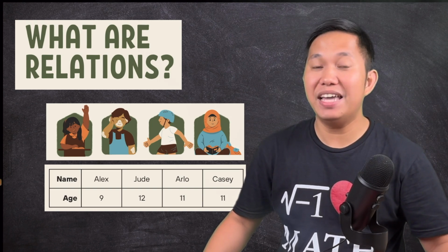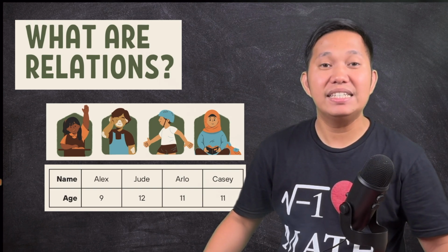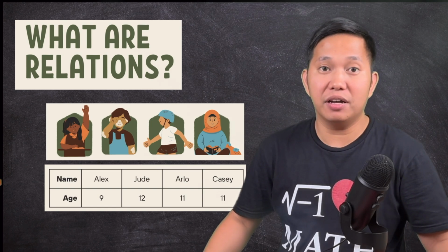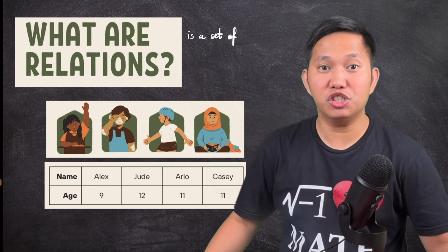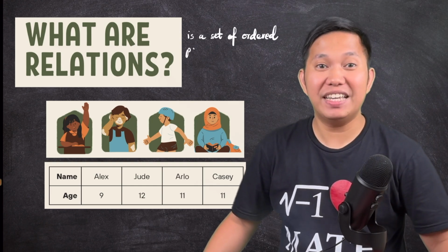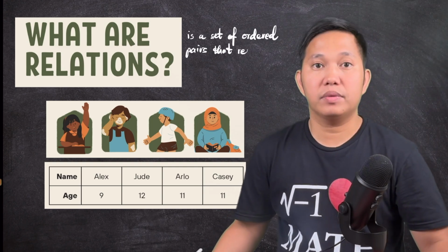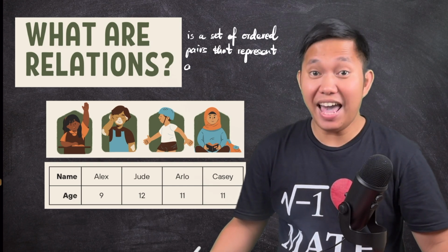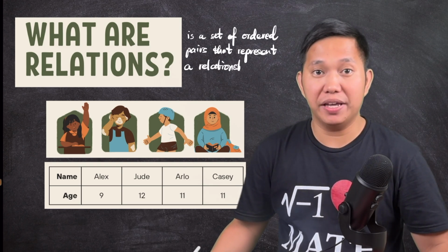These objects can be any kind of mathematical entities: numbers, symbols, geometrical shapes, variables, etc. And from the name itself, a relation describes the relationship between the elements of these sets, usually represented as an ordered pair, input, output. The first element is the input, usually denoted as x. The second element is the output, denoted as y.